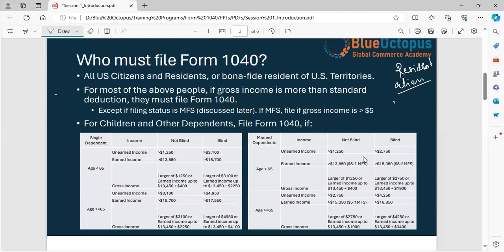If you are on an H-1B visa, if you have a green card, which is equivalent to citizen, H-1B visa, L-1 visa, O-1 visa, all of these visa holders will be called a resident of the US if they are staying in the US for 183 days or more in the current year or in the past 3 years. If you are staying for more than 183 days, then you will be considered a resident.